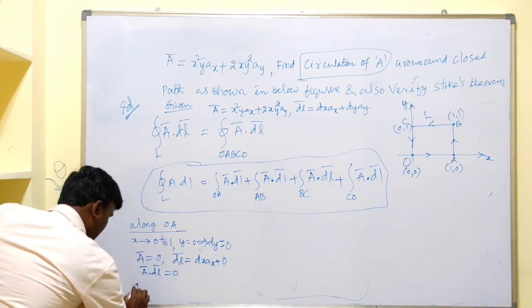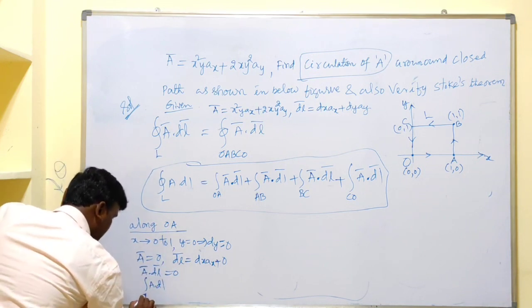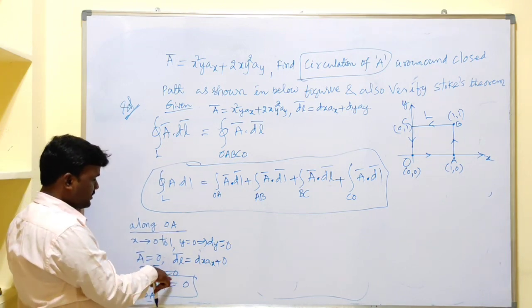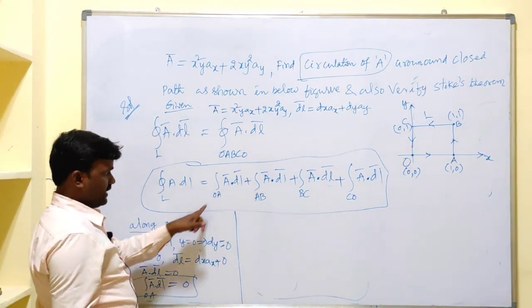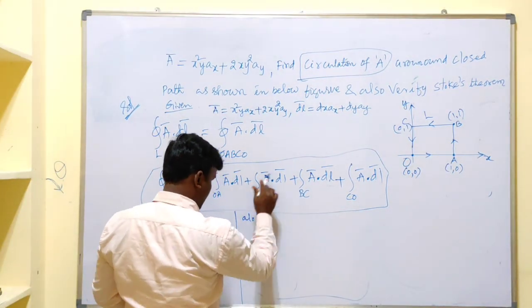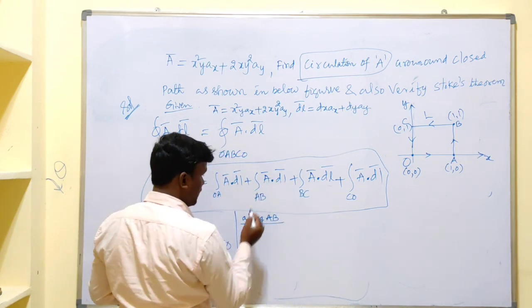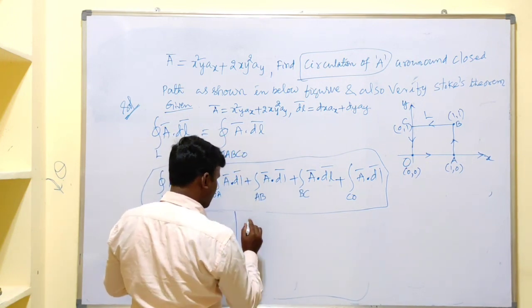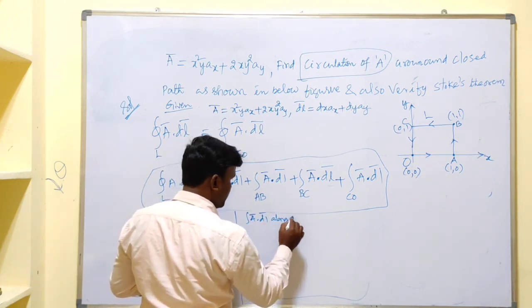It implies that along OA, integral A bar dot dl bar along OA equals 0. Why 0? A bar dot dl bar is 0 along OA. This is the condition. Next, go to the second one, along AB. You need to find integral A bar dot dl bar along AB.